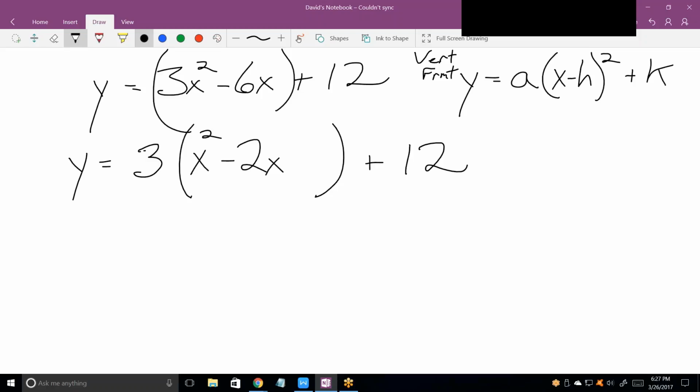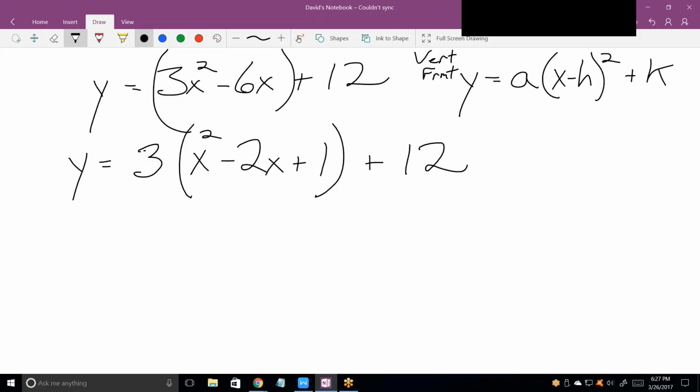Take half of the coefficient of the x term. What's half of this? 1. Then you square that. Still 1. And you add it to the blank spot where I left room.